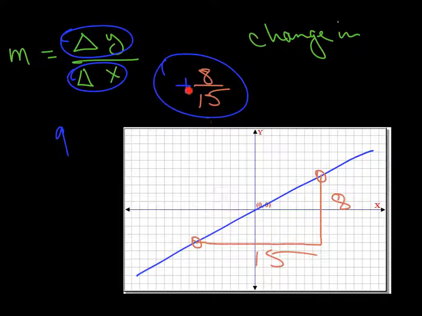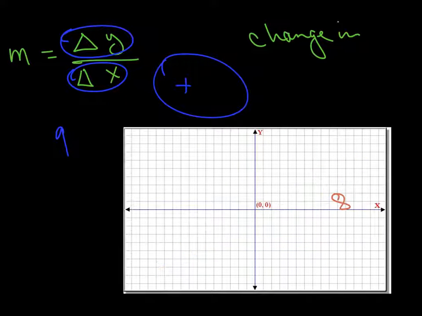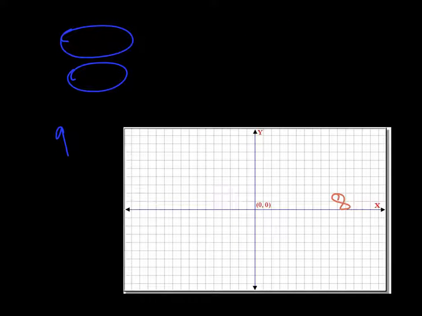If it's going uphill, it's plus. If it were going downhill, it would be a minus. As we get going, we'll find other ways to find the slope that are easier and get you more information a lot quicker.